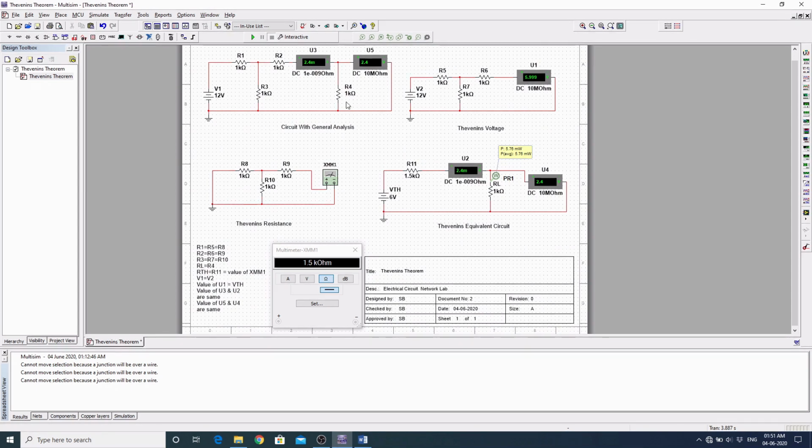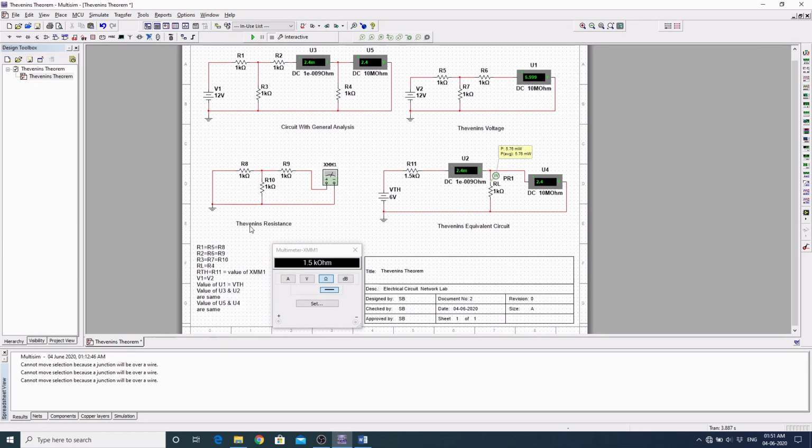I have done it this way just to show it on a single page. So R5 is equal to 1 kilo ohms, which is equal to R1, placed at the same point. Similarly, R2 and R6 are placed at the same point, and R3 and R7 are placed in the same section. So the open circuit voltage is 5.999 volt.